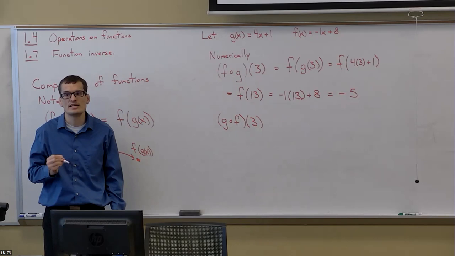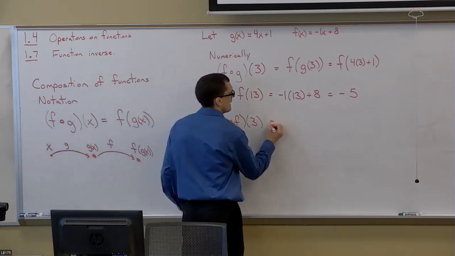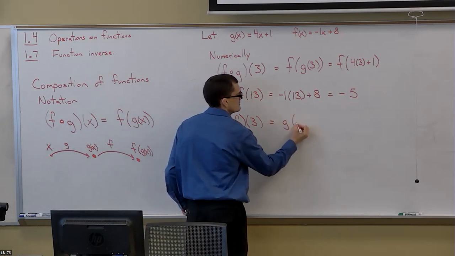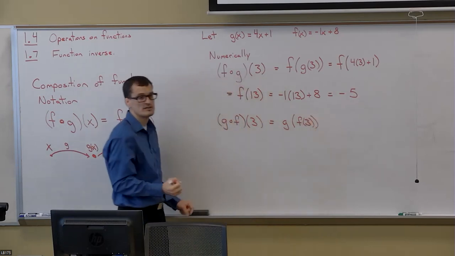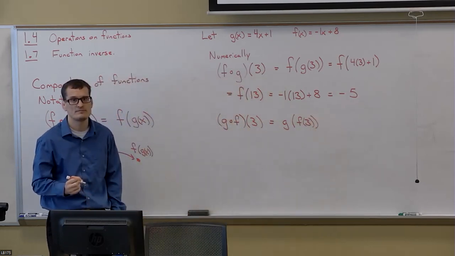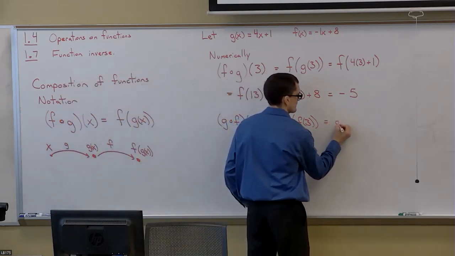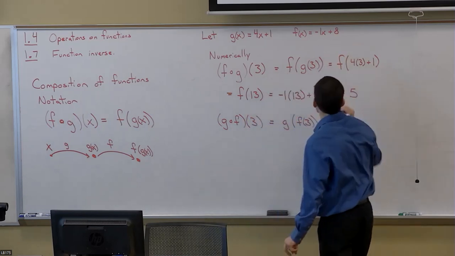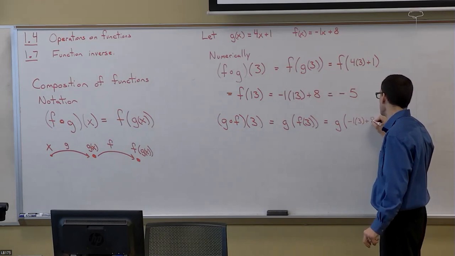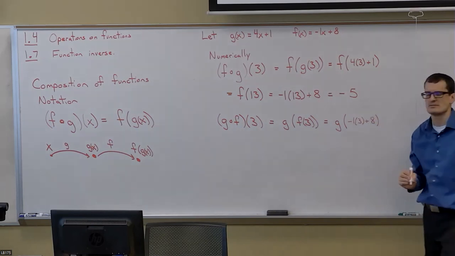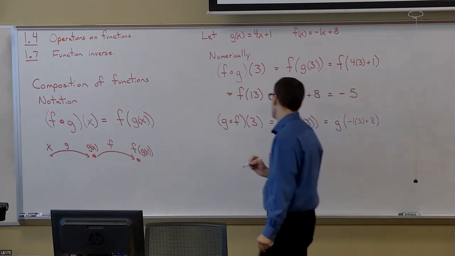If we went G of F of 3, in this case, you'd have to plug the 3 into your F, because that's the nearer one. Negative 1 times 3 plus 8 is what you have to do first. That gives you out a 5.